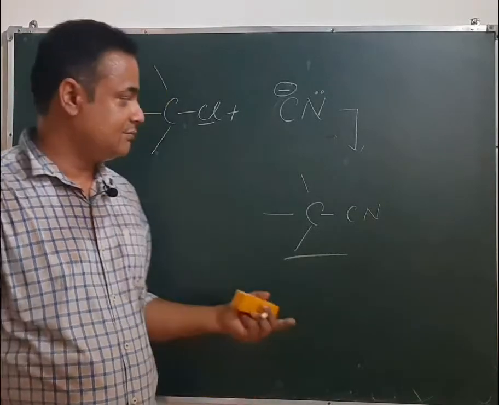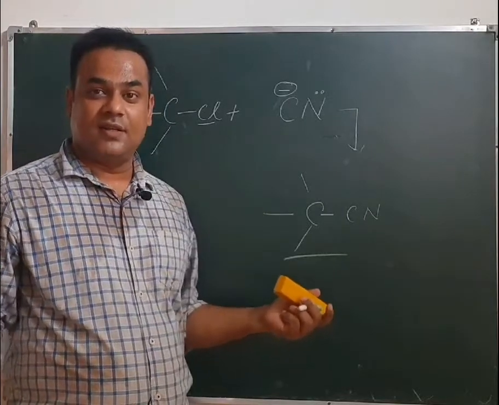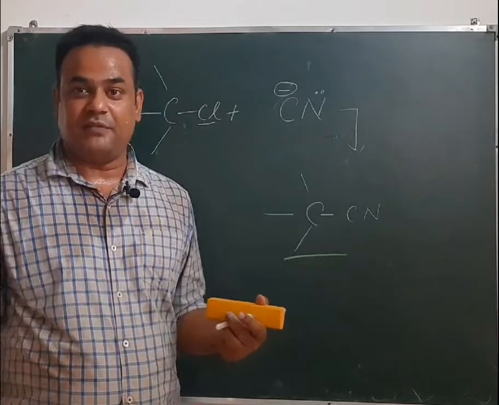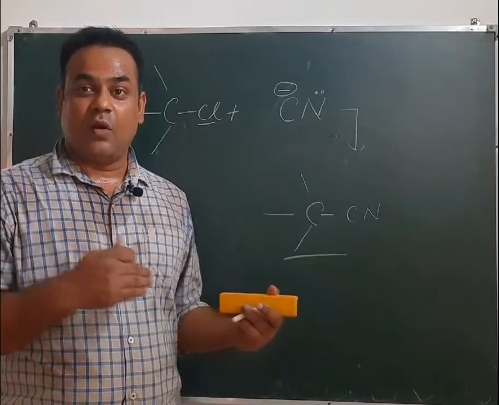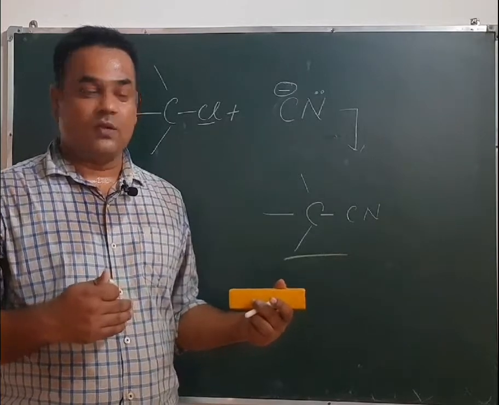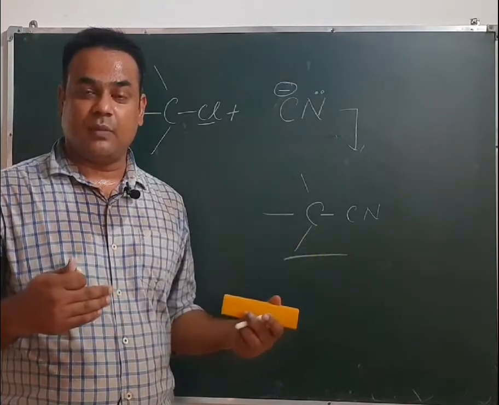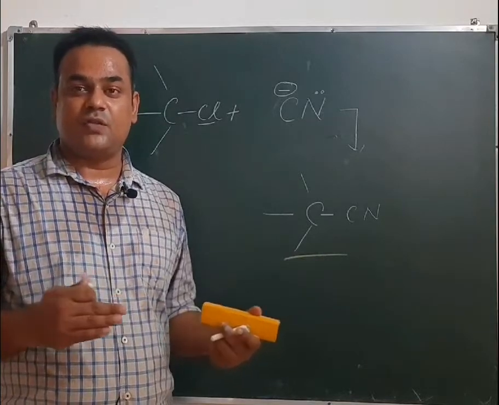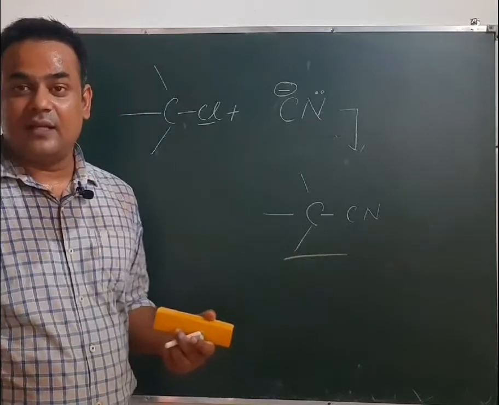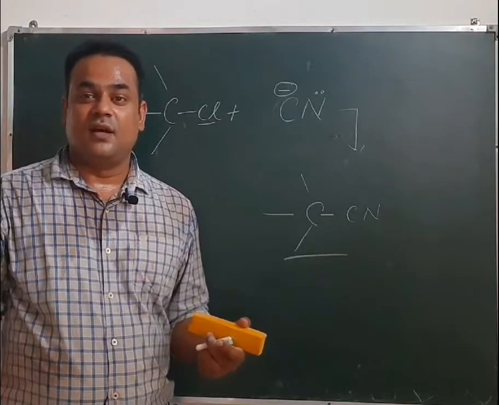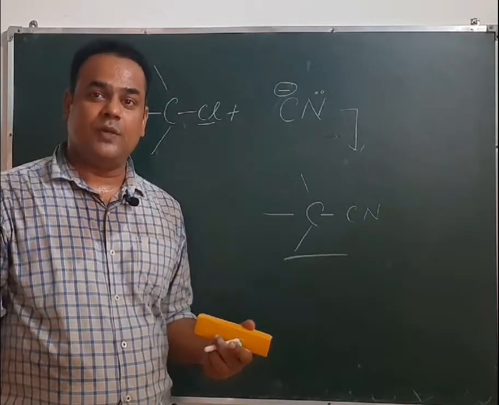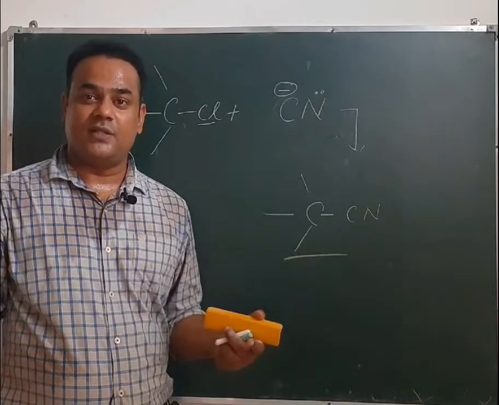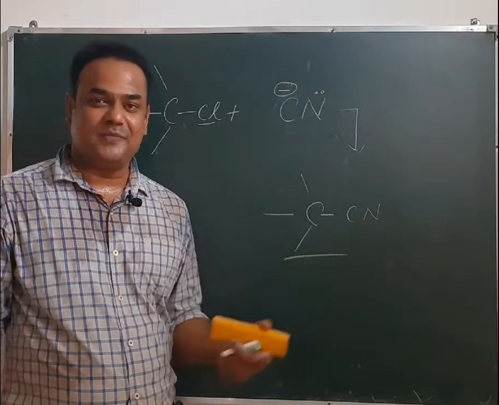Like in our home we have one registered name in our certificate, and one common name at home. Like that, a compound's name which is more often used is the common name, but this name is not registered anywhere, and it is not given by the IUPAC. IUPAC is the father of all organic compounds, because IUPAC gives names to all organic compounds.